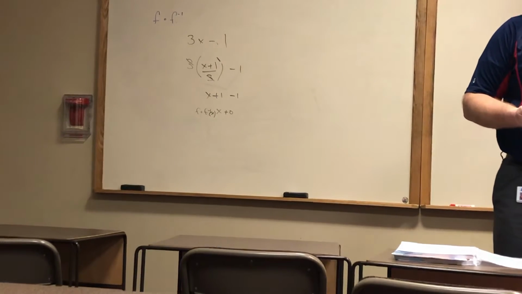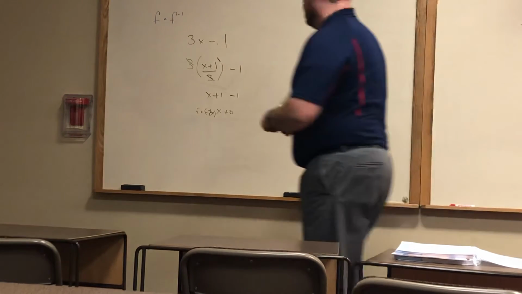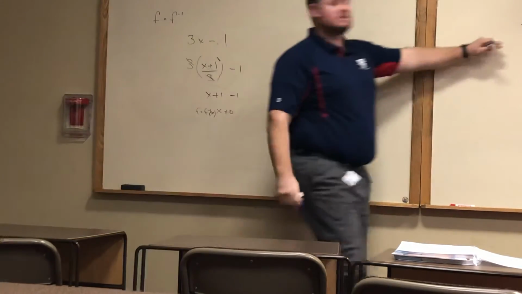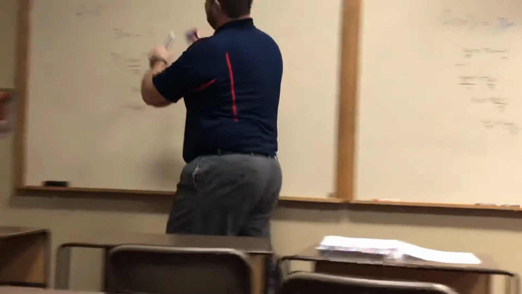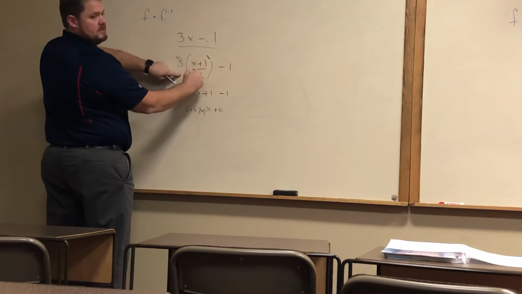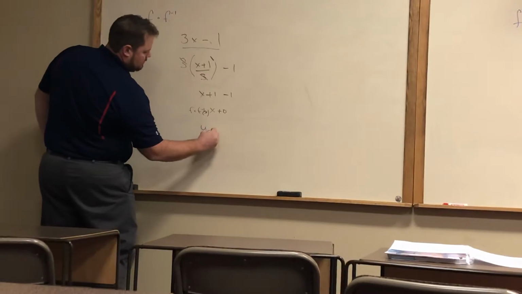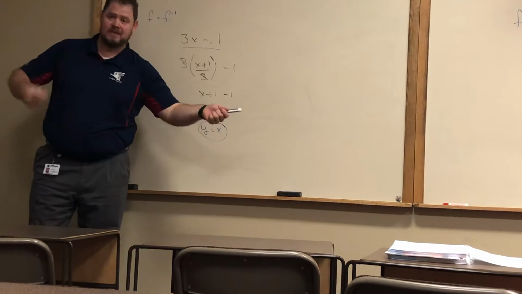Wait, what is f in the story? f in the story is 3x minus 1. That's your original. So over here, see? This is f of x, and this is our f inverse. So when we plug them back in, all we're doing is f of x is this. We plug in, complete substitution, work it out, and what it becomes is y equals x. When it's the composite of the inverse and the non-inverse.